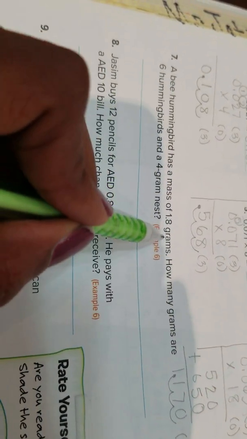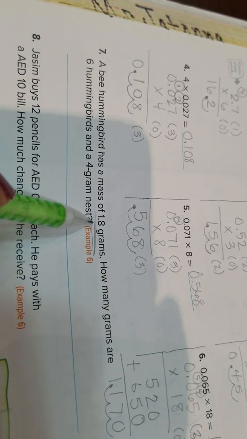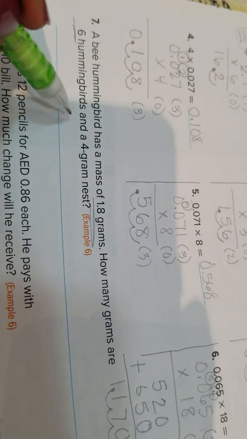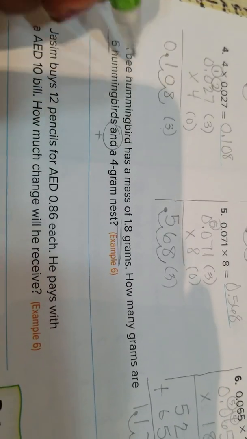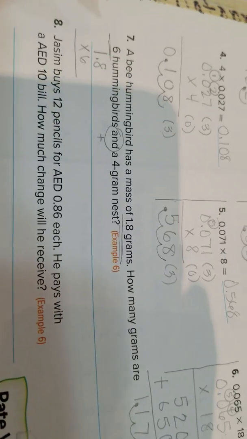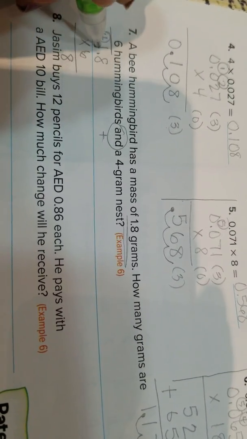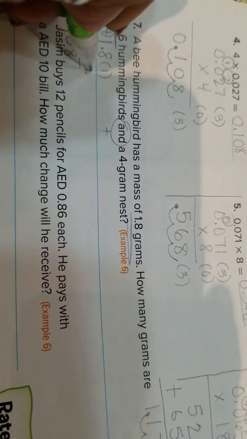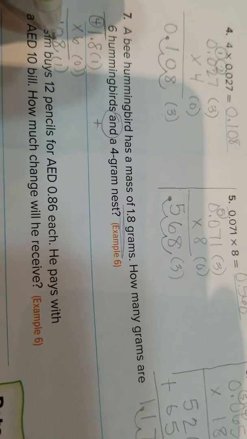So there's 1.8 grams in 1 hummingbird, and we have 6 hummingbirds. Okay, and this word "and" is add. So we're going to start by doing 1.8 times 6. 6 times 8 is 48. 6 times 1 is 6, plus 4 is 10. 1 number after the decimal, 0 numbers in the other, so 1 in our answer, so that's here.